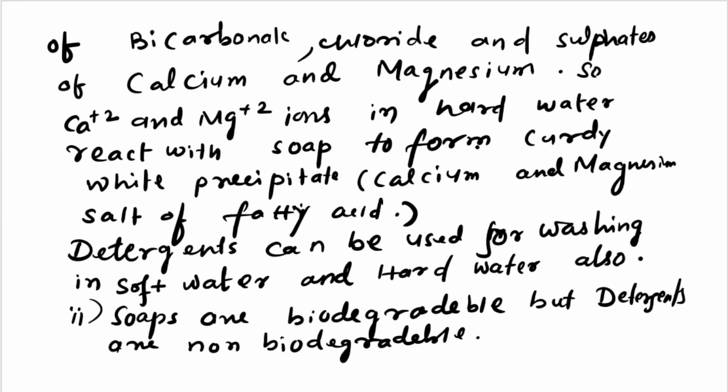Then what about detergent? Detergent is also a type of salt. It can be used for washing in soft water and hard water also. Because in soft water there is no problem, while in hard water there is a problem due to hardness. But detergent never produces any precipitate. And soaps are biodegradable but detergents are not.